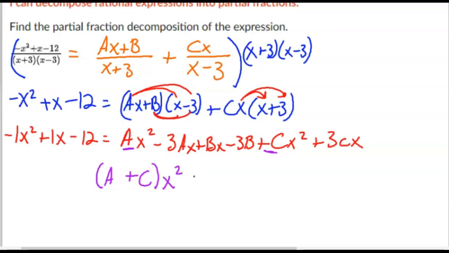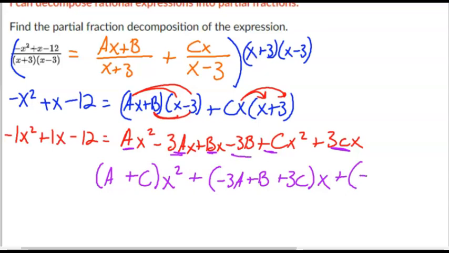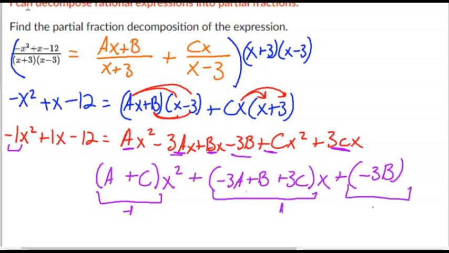And then plus our x terms, negative 3a, and then b, and then 3c, and then our constant terms, minus 3b. Now, the x squared terms have to equal negative 1. The a plus c has to equal negative 1. The x terms have to equal 1, and then the constant has to equal negative 12.